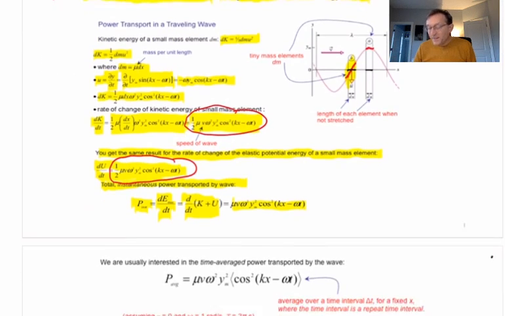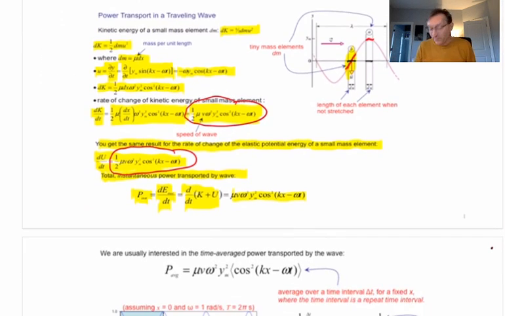Note then the instantaneous power in the sinusoidal traveling wave depends on you telling me what x location you are at and what value the time is. And therefore, this P instantaneous is going to be changing, fluctuating, and probably quite rapidly with time and position as the wave travels. We're usually not interested in that rapid, fluctuating, instantaneous power.